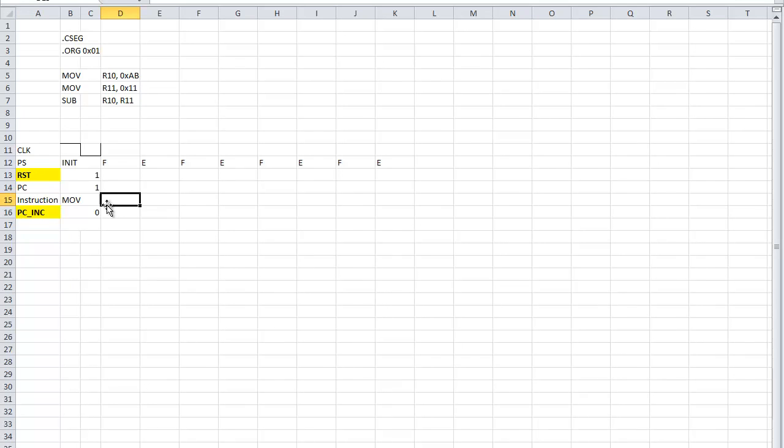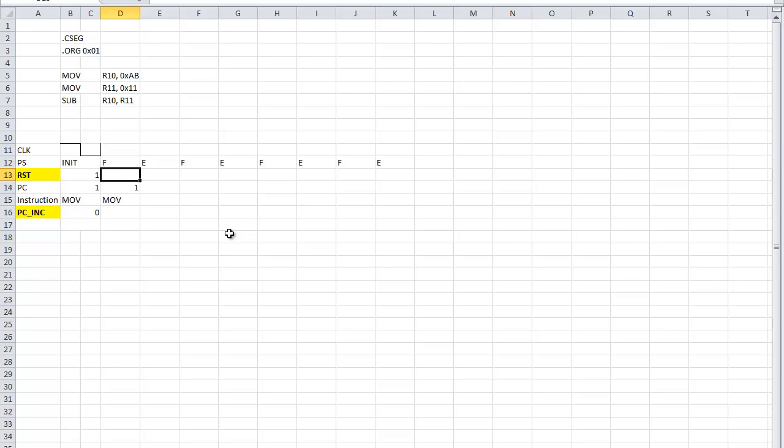Okay, so in the fetch state, what's going to happen is I'm going to fetch the instruction at the program counter specified by the previous cycle PC. So I already have a 1. I know that's going to be a move, so I'm going to fetch the move instruction. The fetch state is not going to change the program counter. It's going to stay a 1.